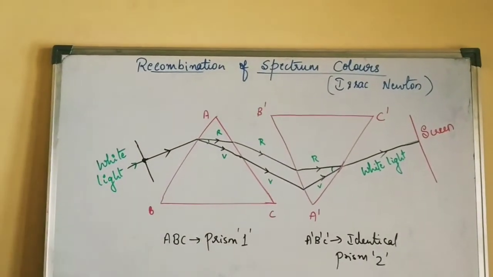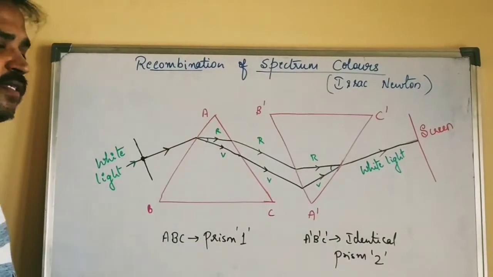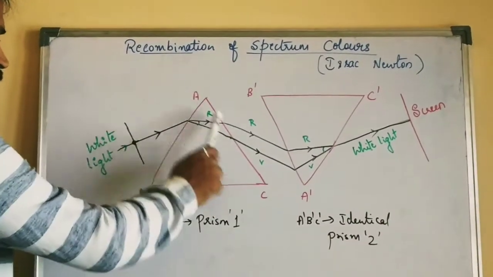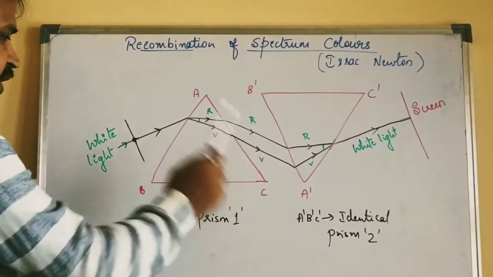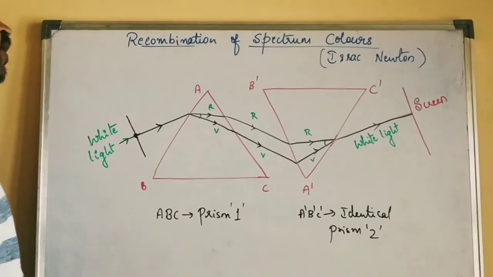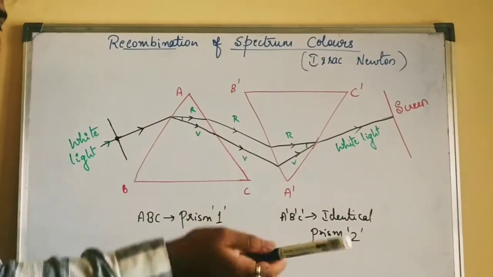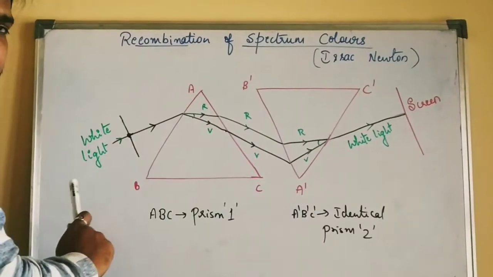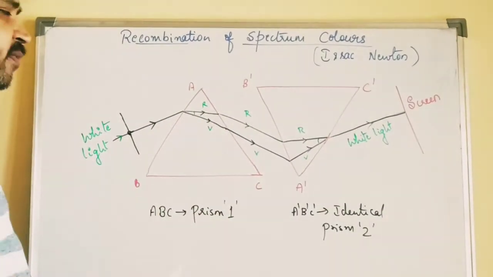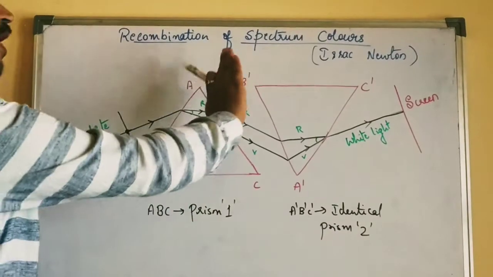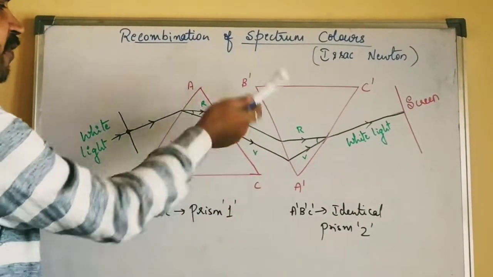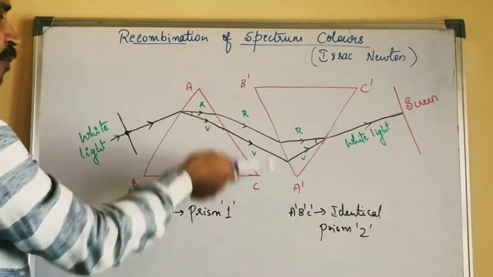In this recombination experiment, Isaac Newton took a prism ABC, the first prism. Very close to this prism, he took one more identical prism, but laterally inverted in the opposite direction.